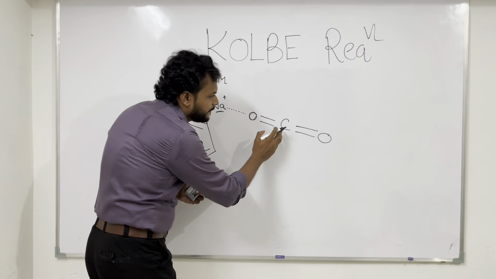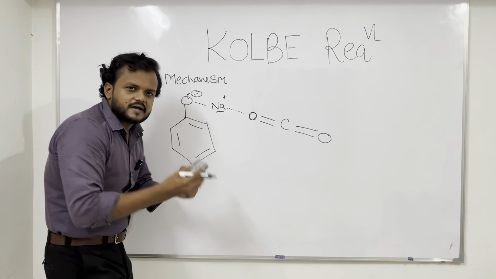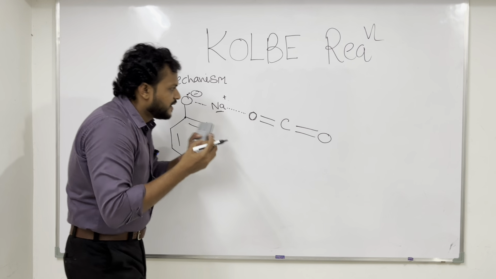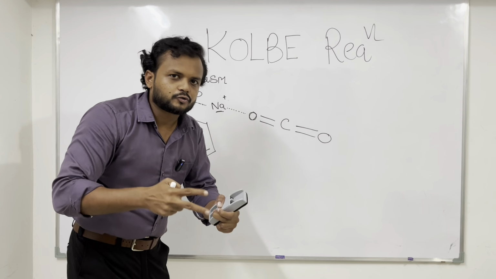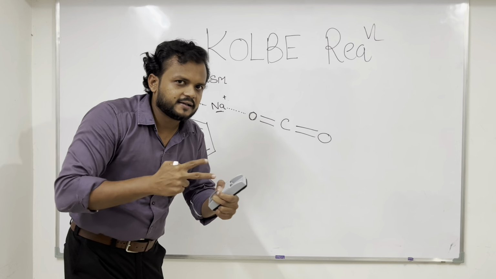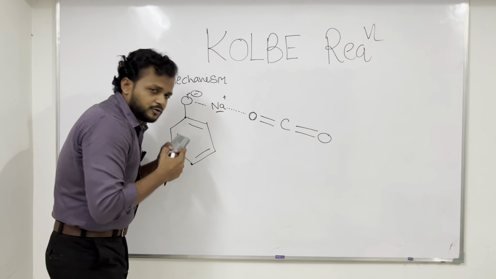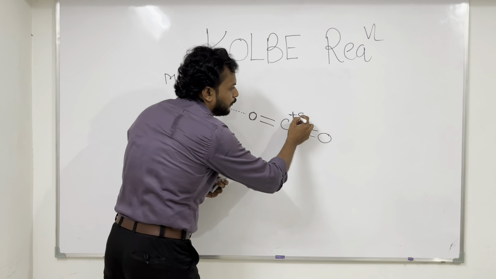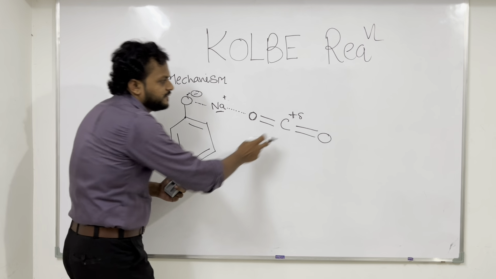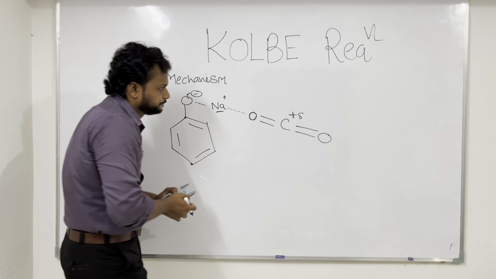Now look at the carbon in this carbon dioxide. It is highly electrophilic right now. Why? Because two highly electronegative oxygens are connected with that, and because of that it is electrophilic right now, and this is the electrophile.